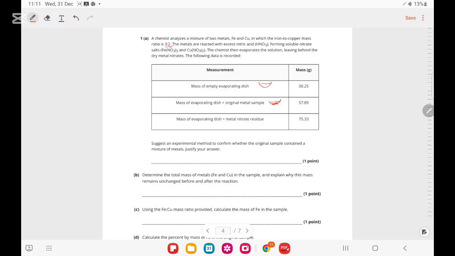So in the first question they are asking us to suggest an experimental method to confirm whether the original sample contained a mixture of metals. It's very simple.